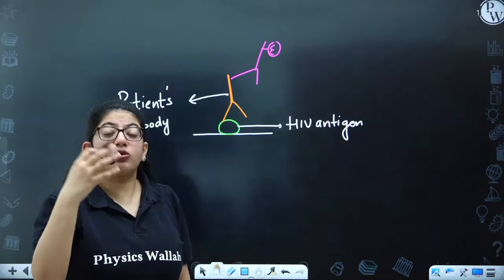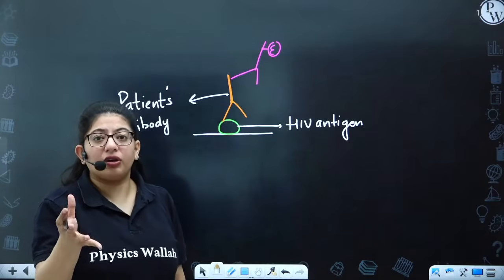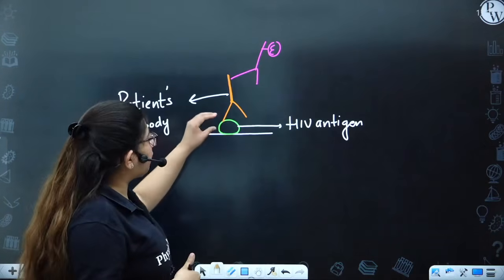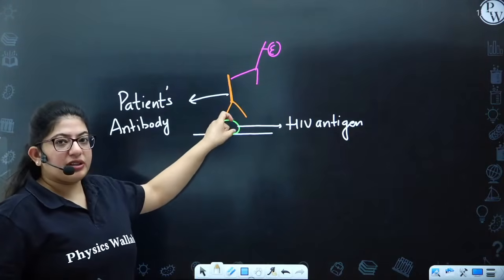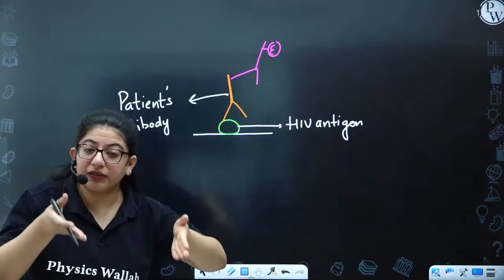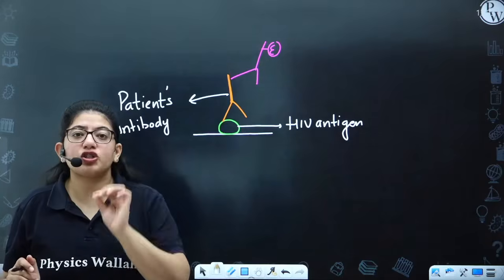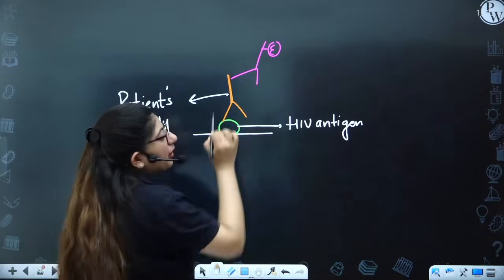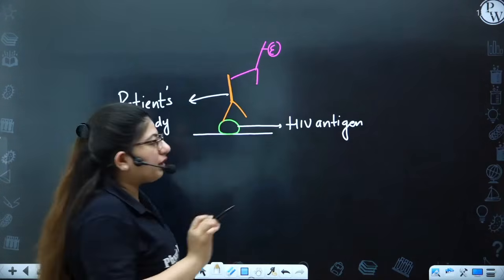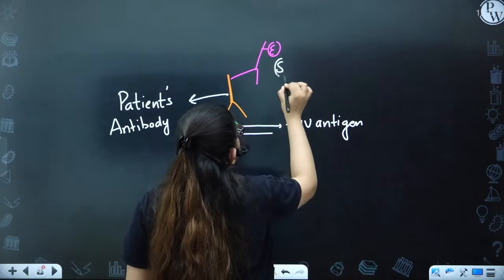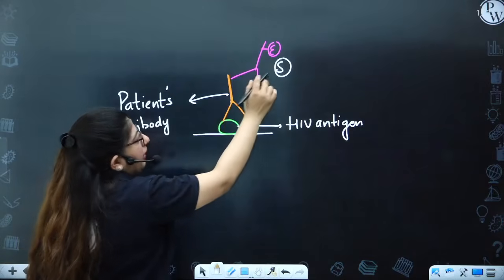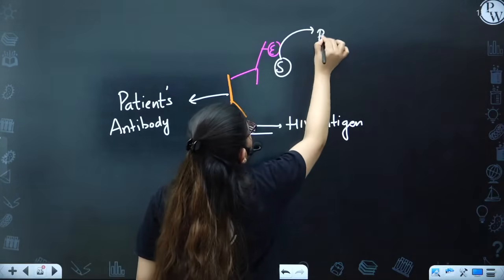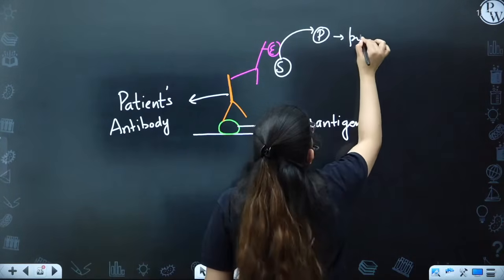Because I want to see whether it is there or not. Otherwise, I will not be able to see with the naked eye that they have joined. I know a person is positive and this will definitely bind, but I cannot see it with the naked eye. So for that surety, I will add my ready-made antibody which has enzyme conjugated, and I will add a substrate. Because if a person is positive, this antibody will be there, this will bind, and substrate will be converted into product, and product will give a purple orange color.